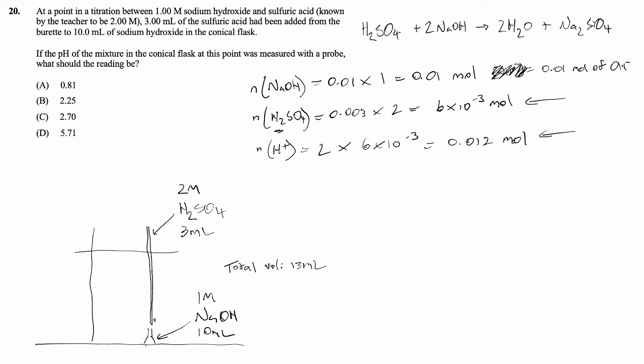So let's work out which one we have in excess. We have 0.012 mole of H+ minus 0.01 mole of hydroxide, which gives us 0.002 mole of H+ in excess.